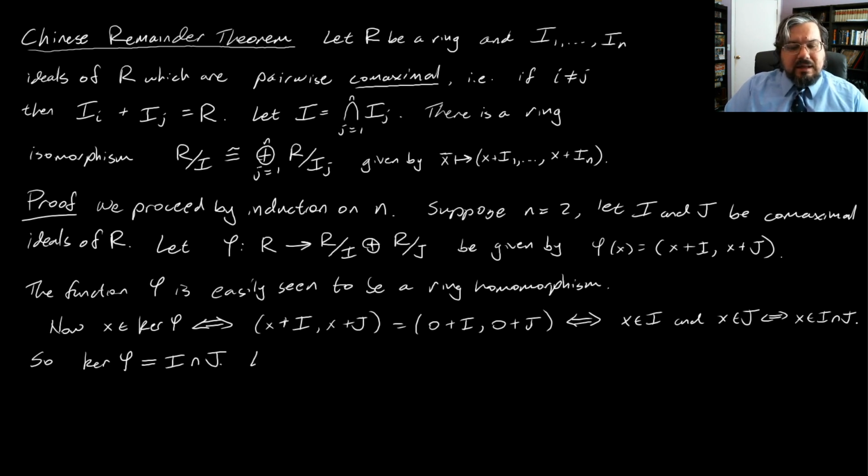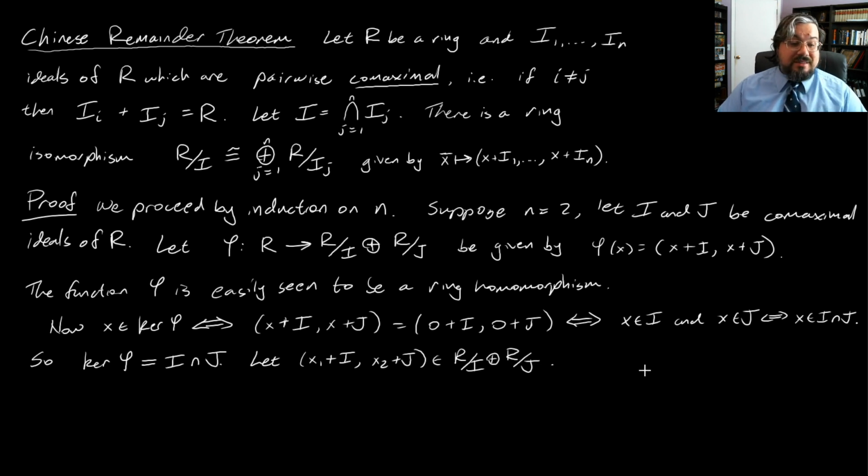So let's handle that. Now let's let x1 plus I and x2 plus J be any random element of R mod I direct product R mod J. We need to show that there's something in R that maps to this element under the map phi.